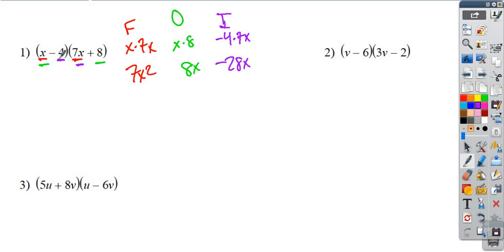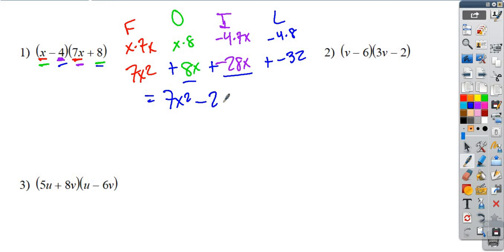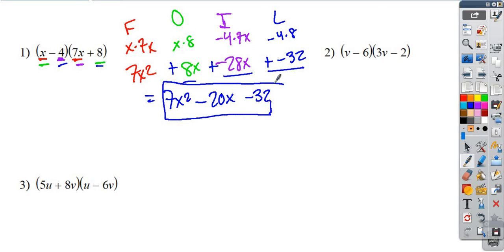And remember, it's a minus 4, that's why I'm using a negative 4. And finally the last terms, negative 4 times 8, give us negative 32. Now when we add all these together, we would get 7x squared. 8x plus negative 28, or 8x minus 28, is minus 20x. And then finally plus negative 32, another way to write that is minus 32. So there is the answer for that one.